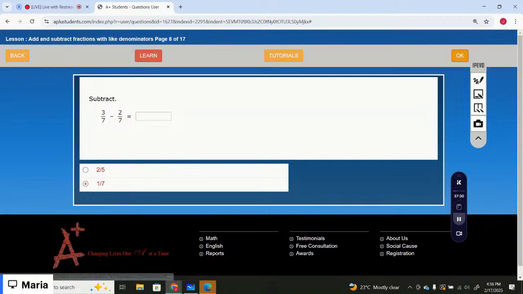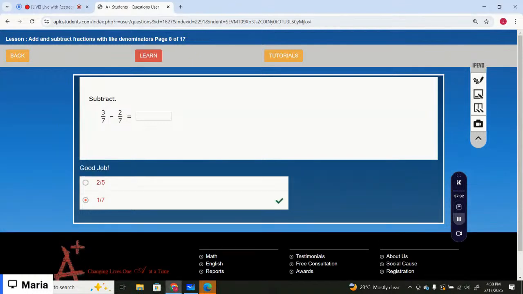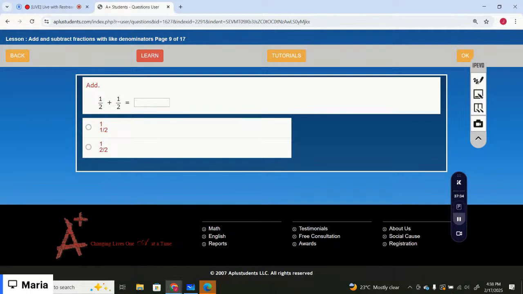Option number 2 is the correct option. 1 by 2 plus 1 by 2.